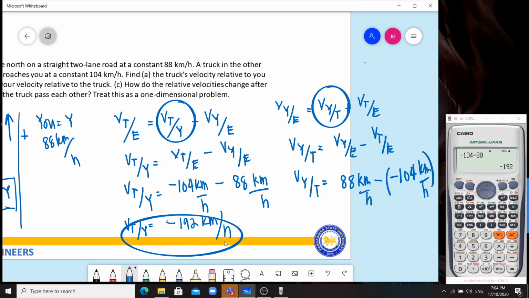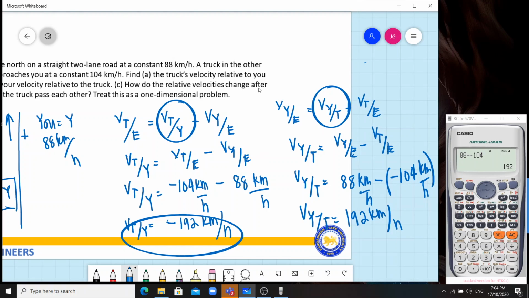Negative kasi nga, pa-south siya. Okay. So, ang mangyayari dyan is magiging 88 minus negative 104, 192. So, positive naman to. Okay. Yan naman yung velocity mo with relative to the truck.